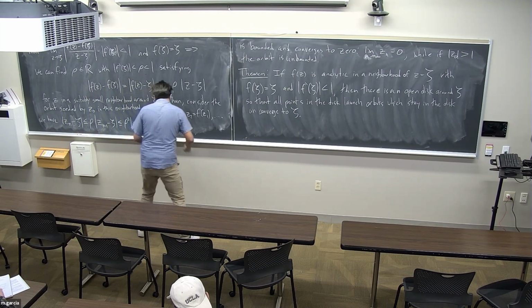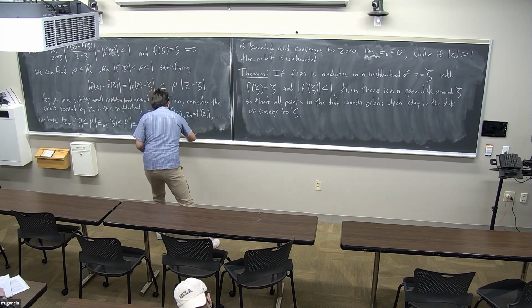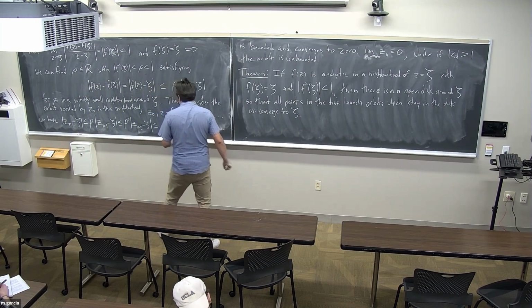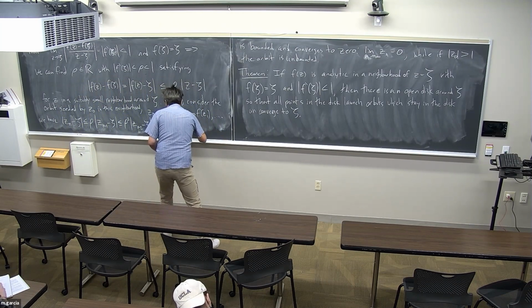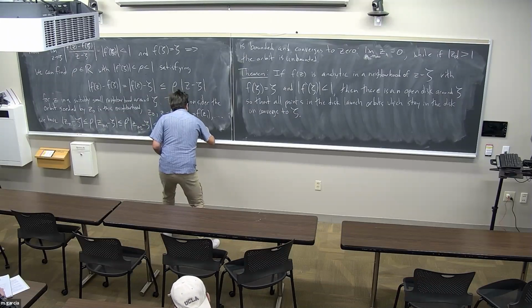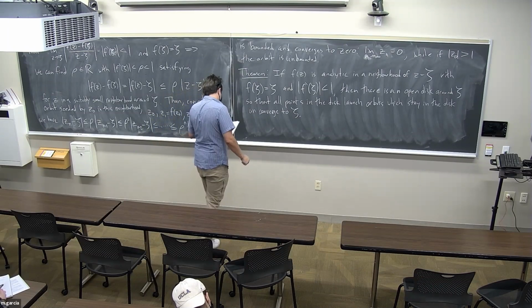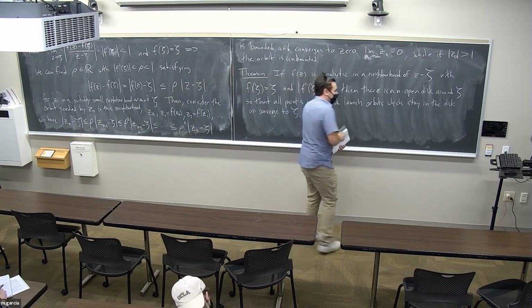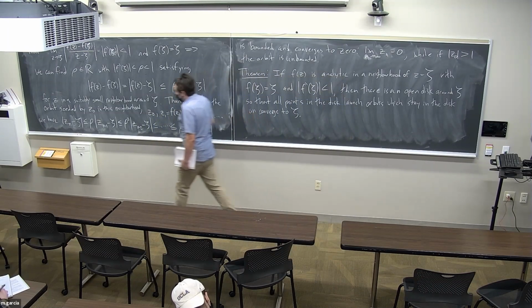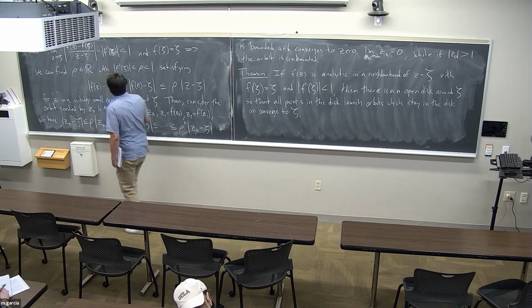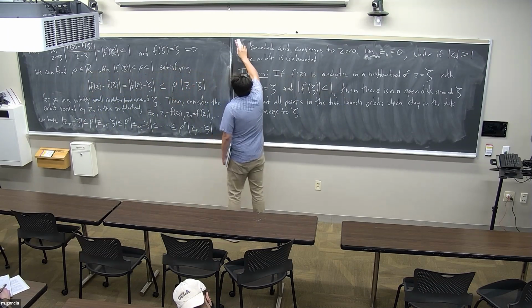This goes on until I get down to rho raised to the n power times the modulus of z naught minus zeta. Okay, so remember, we found rho such that it was less than 1.